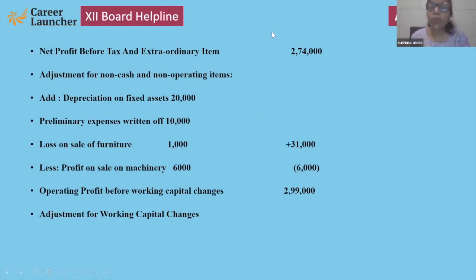So we can come to know this is the amount, profit before working capital changes, OPBWC square. This is OPBWC square. After that, what you have to do? DCA, ICL to be added and ICA, DCL to be subtracted.